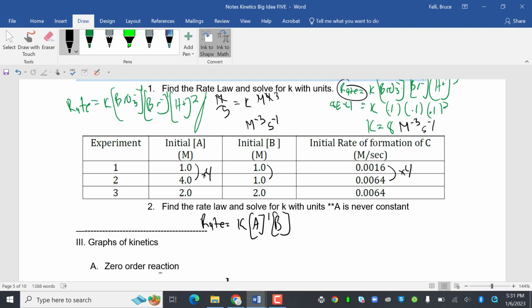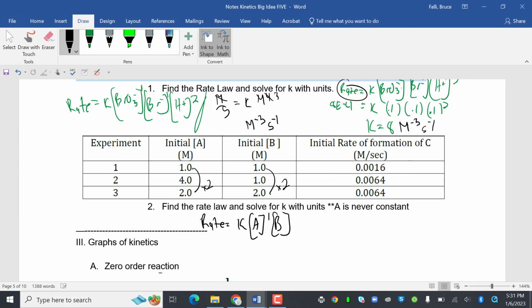Okay, so let's take a look here. I've got to have a change here. So I changed A. So what would happen here is when this doubles, and this doubles, this is times 4. So I'm going to erase this and put it on this side so I can write it the way I want it to.